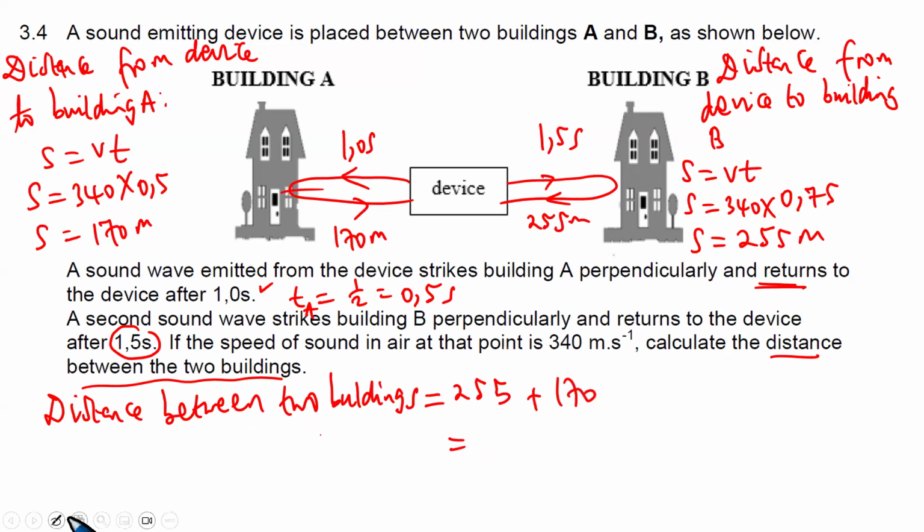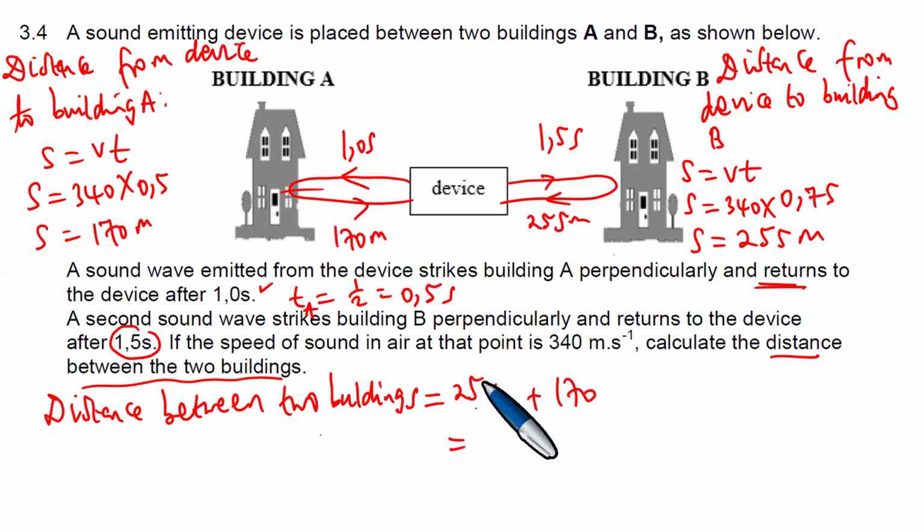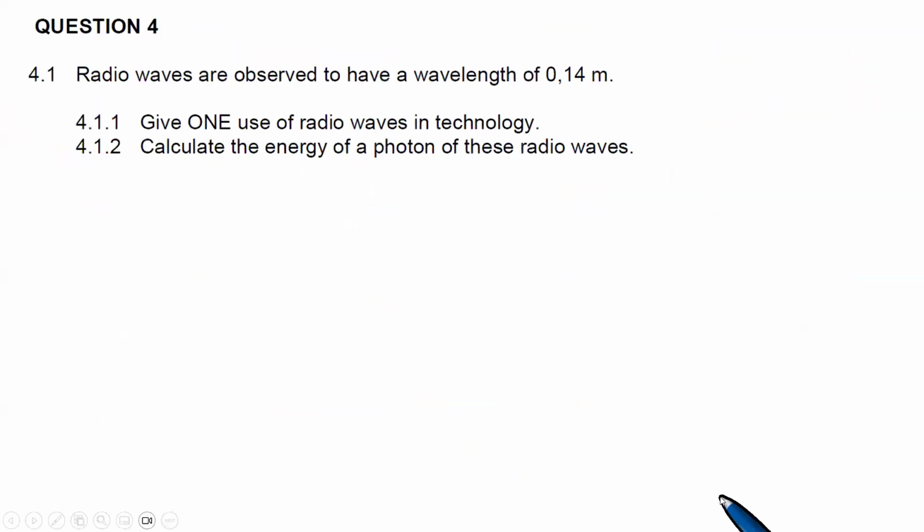And 255 plus 170 is equal to what? You have 255 plus 170, and that is 425 meters. So it's 170 from the device to building A and 255 meters from the device to building B. Then the total distance is 170 plus 255, which is 425 meters. Let's wait for the next question.